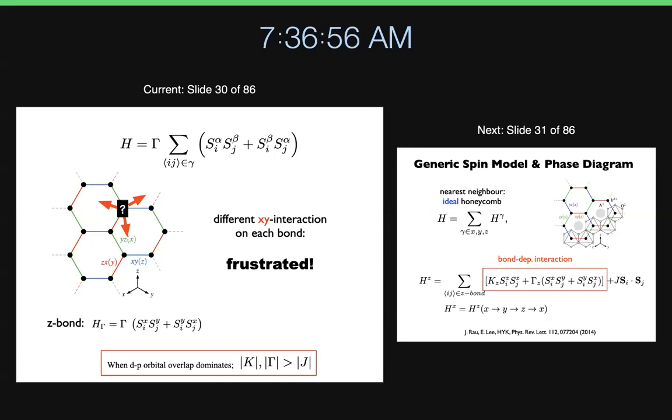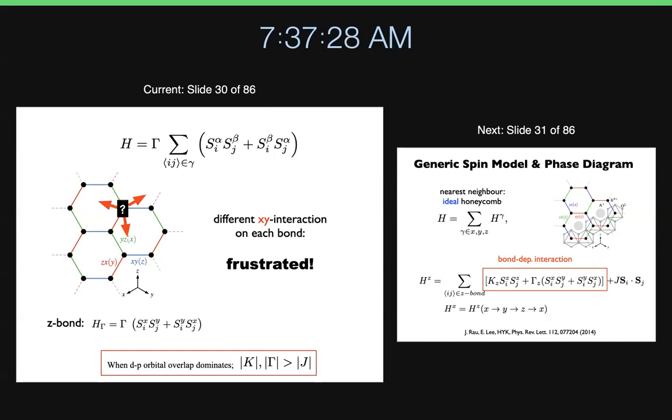If Kitaev is equal to gamma, then there's a hidden symmetry that one can show. You include the sixth site, and one can show that it maps back to the SU(2) Heisenberg model on a six-site cluster. So you can solve it exactly at the K equal to gamma point. But that would really be a fine tuning, and I don't think any of the materials sit exactly at that point. But I think lithium is the one that is close by, while the other two, which have a zigzag order, are very different physics.